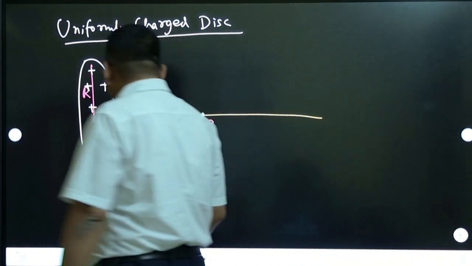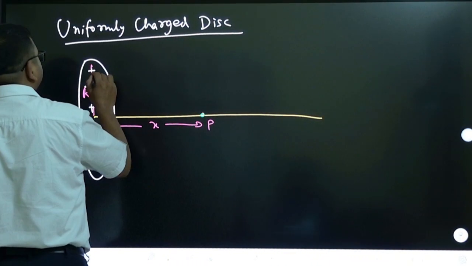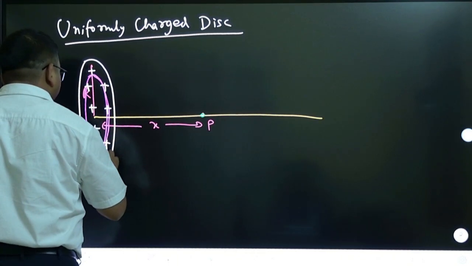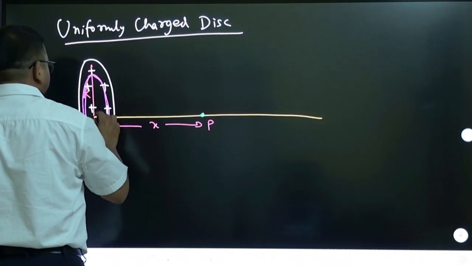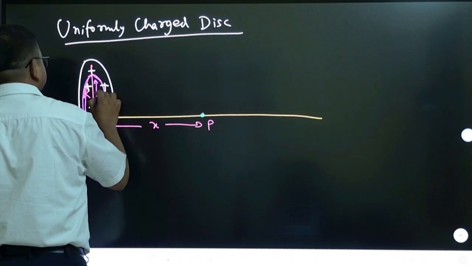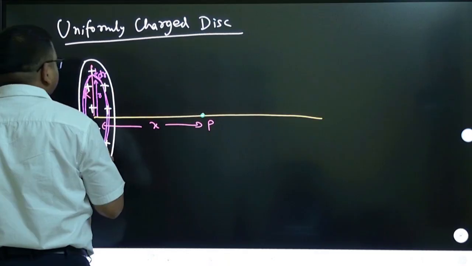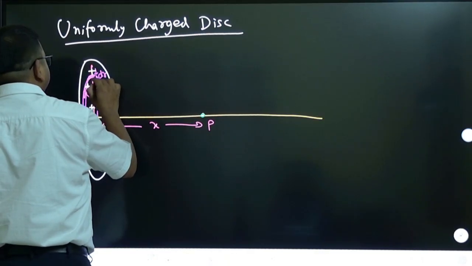So let us break it into small rings. This is a small ring. Let us say right now this ring has radius small r, and it has a small thickness of dr. Okay, so definitely it has a small thickness.